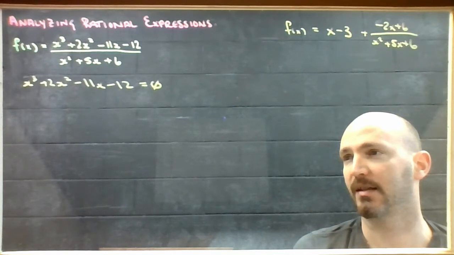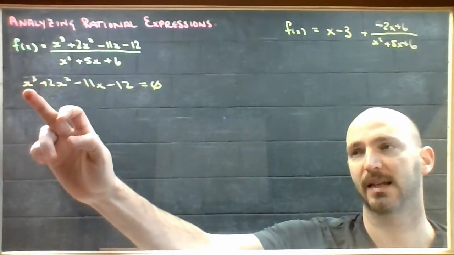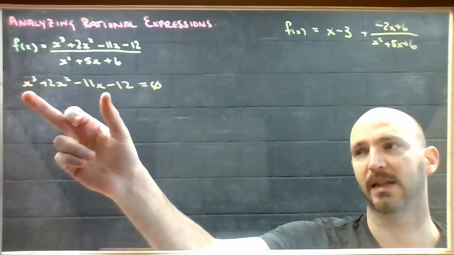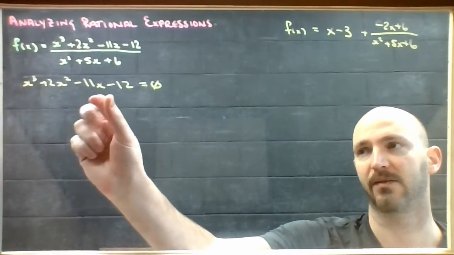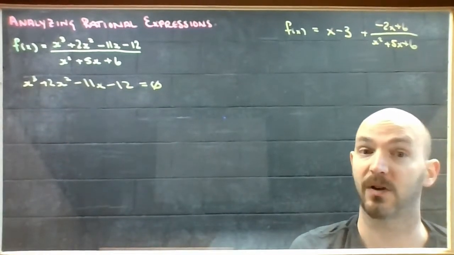So just taking a look at that, if I made this negative 1, that would make that positive 11. I'd have 11 and 2 is 13, and minus 1 and minus 12 is 13. So I'm going to try x equals negative 1.